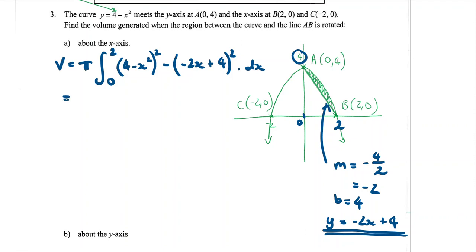So, leaving the pi, I'm going to have 16, double the middle will be negative 8x squared plus x to the 4, minus negative 2x squared will be 4x squared, double the middle is negative 16x, and then 4 squared is a plus 16.